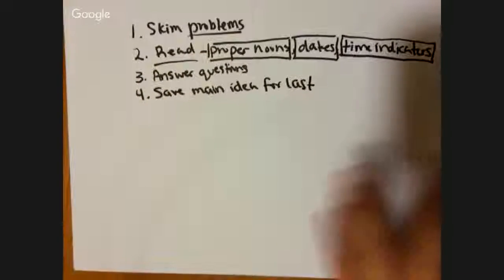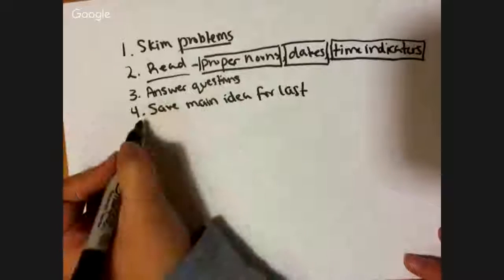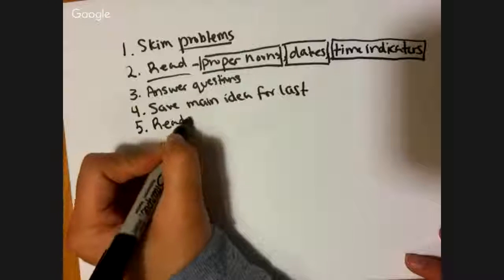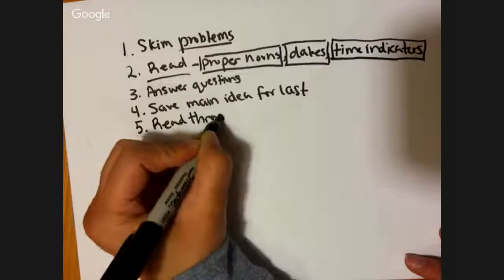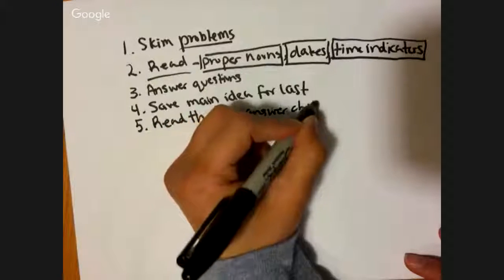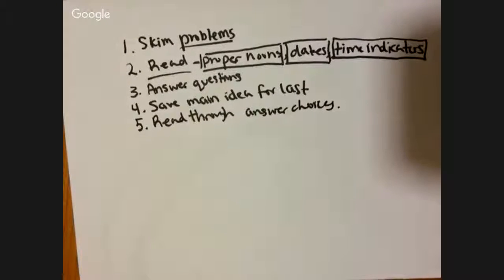You want to be saving the main idea problems for last. Number 5, you want to go through the answer choices to see if any are definitely wrong so you can eliminate them.